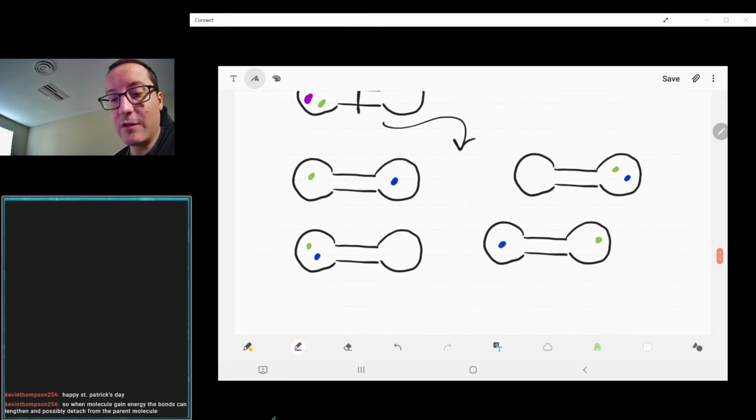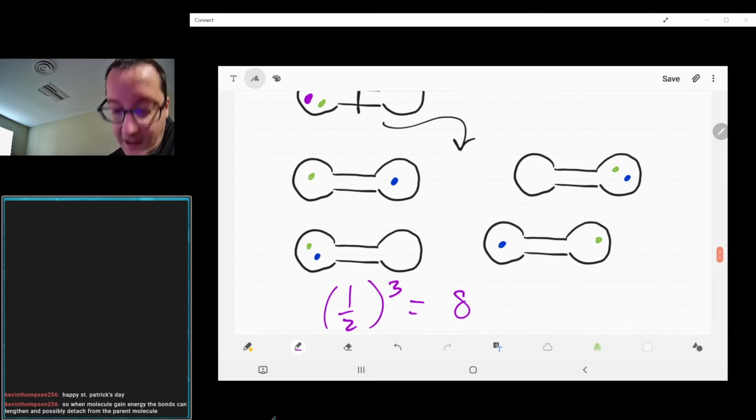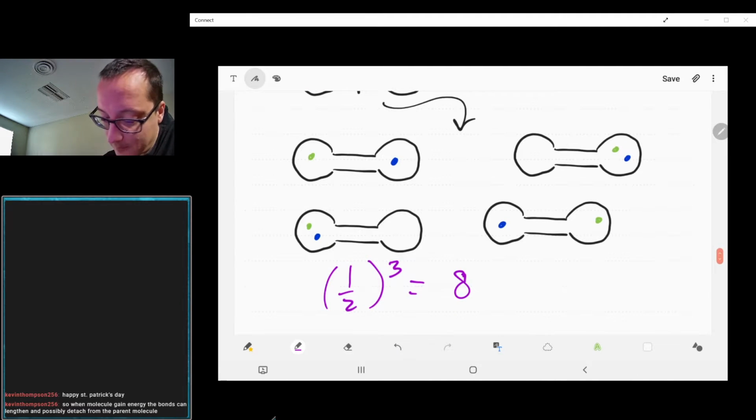We're going to have now 8 possible states where we can put that purple molecule in any of these, right? And so we can see we have more states with more molecules.